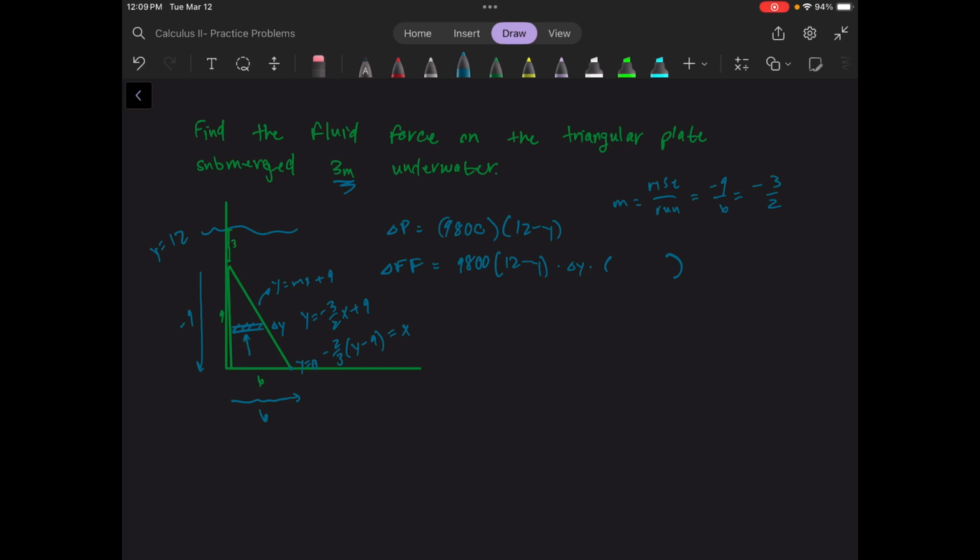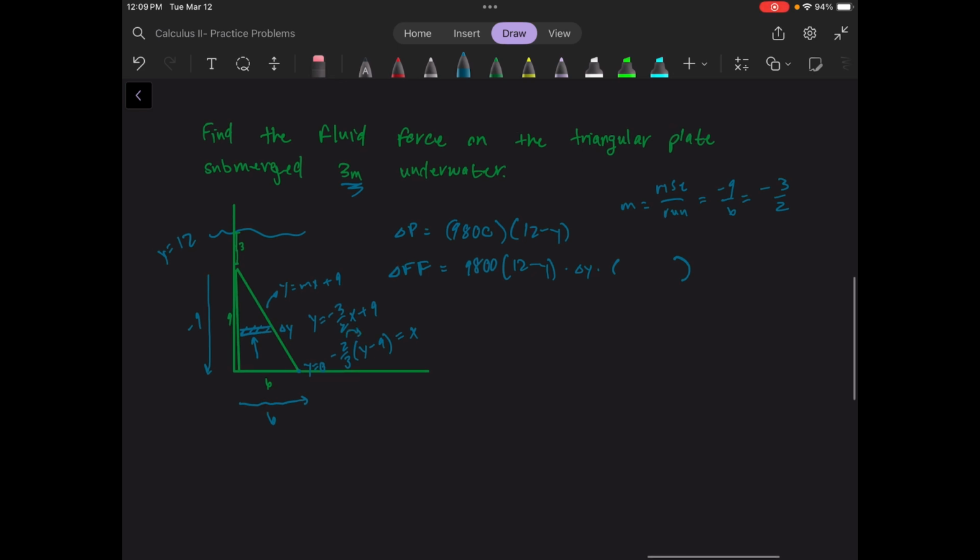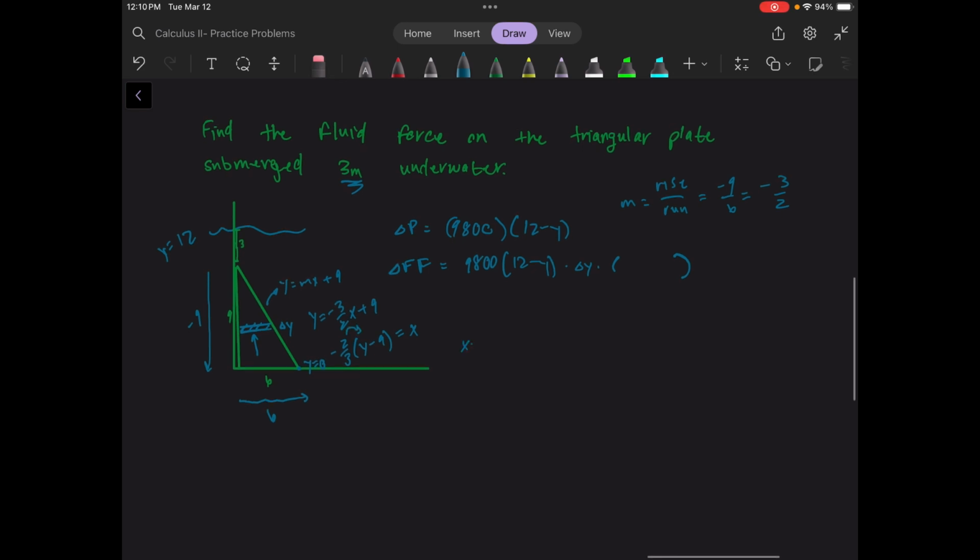So now we can also distribute this -2/3 in. We're going to get the width function: -2/3 y. 2/3 times 9 is positive 6, right?